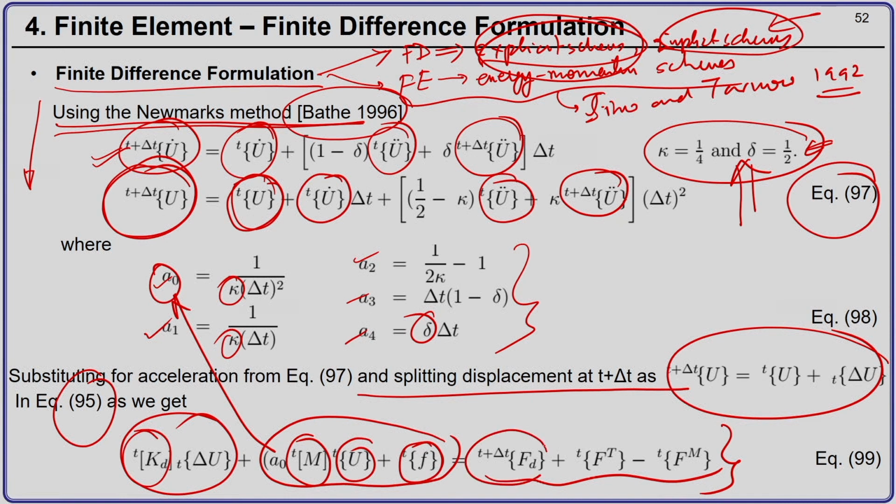The forces at time t plus delta t are usually known. External forces are known. And even these forces are at time t. So, we know that, and this K_D is computed based at time t, so that also we can compute. So, the only thing which cannot be known right now is delta u. Therefore, if you can solve equation 99, you will get your solution.